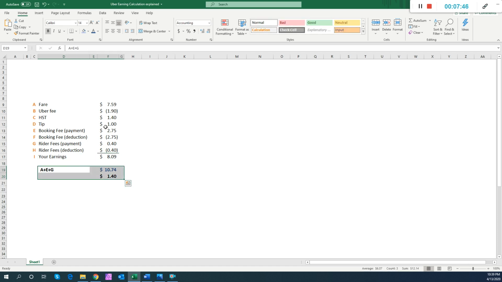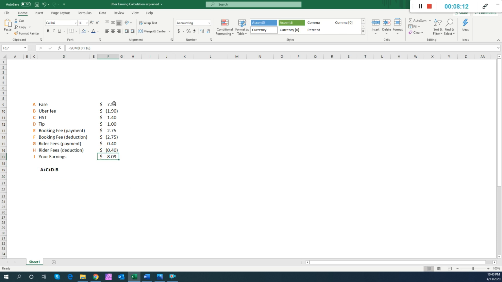If I want to calculate the earnings, I would do A plus C plus tip minus B. So the earnings is going to be my fare plus the HST plus any tips, less the Uber fee. Not any Uber fee, it's going to be a fixed percentage, so less this.